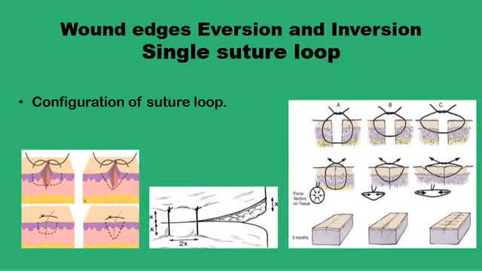Eversion or inversion of the wound edges are related to several factors. We start with the commonest scenario, a single suture loop.